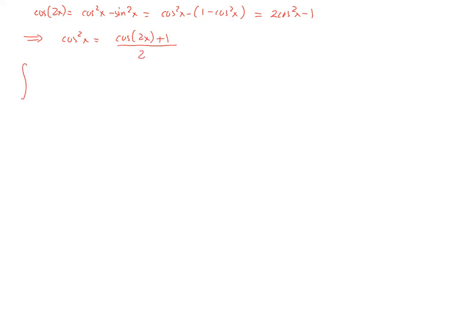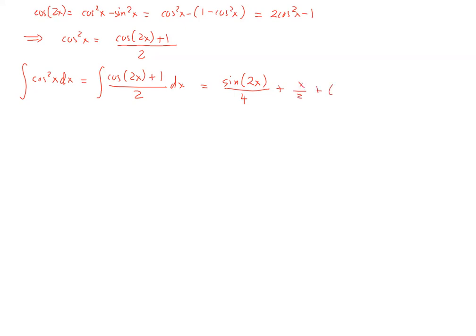And so the integral of cosine square of x dx is equal to the integral of (cosine of 2x plus 1) over 2 dx. You can do a substitution, or you can remember the examples that we had seen for such integrations. It's sine of 2x over 4 plus x over 2 plus c.